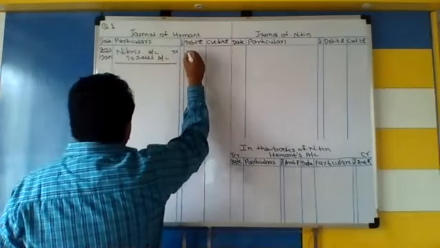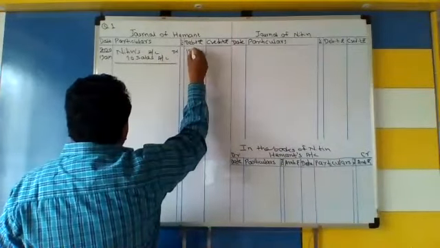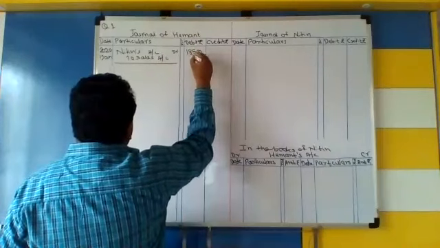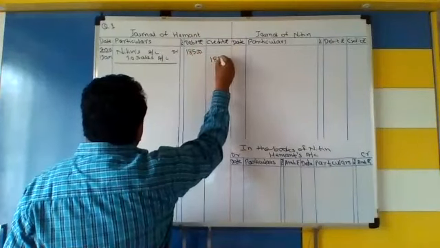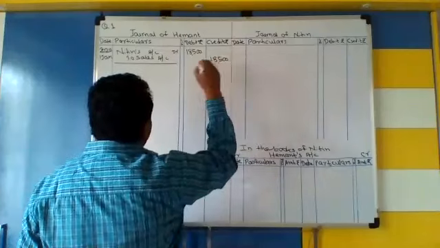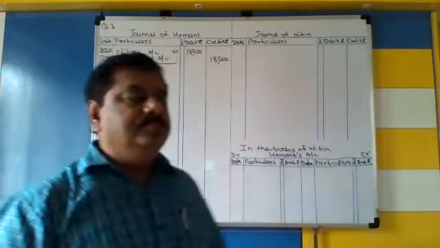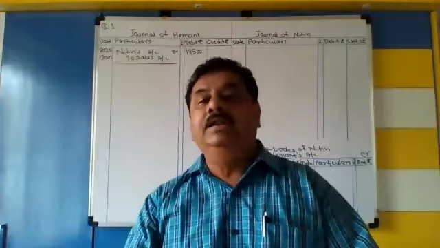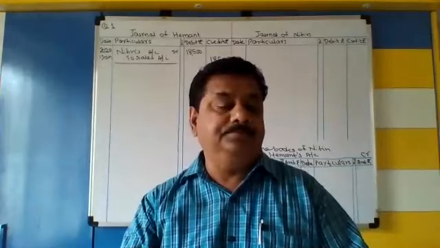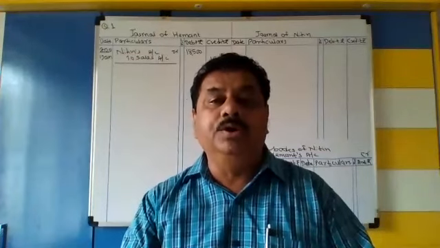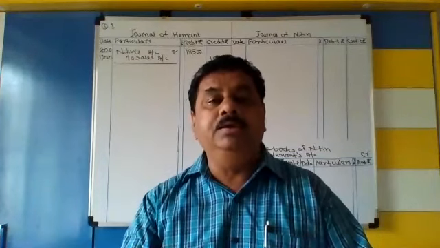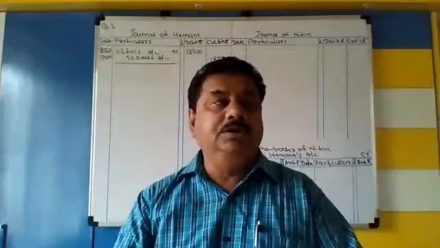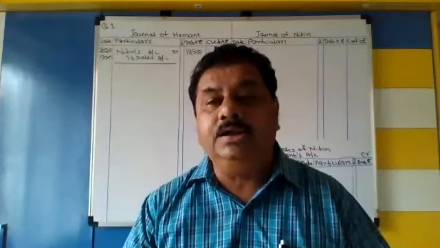I am going to tell you the narration orally; you are supposed to write the narration. Now this is the entry: Nitin account debit to sales. Narration: being goods sold on credit.